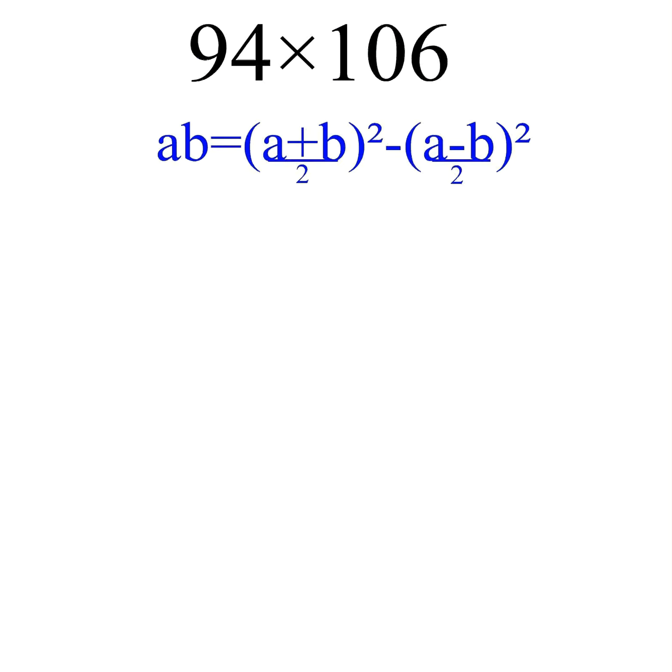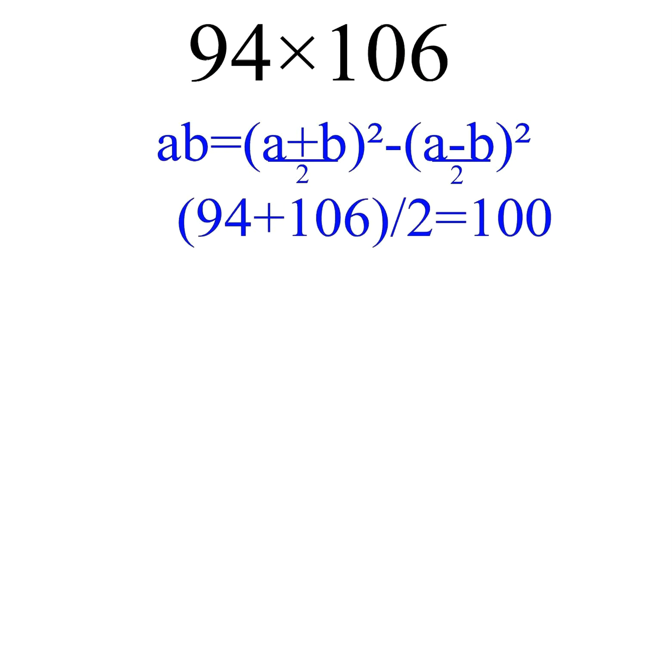So let's first calculate their average. Their average would be equal to their sum divided by 2. Their sum equals 200, divided by 2 is 100. And half of their difference would be equal to 12 divided by 2, which is 6. So all we need to do is calculate this.